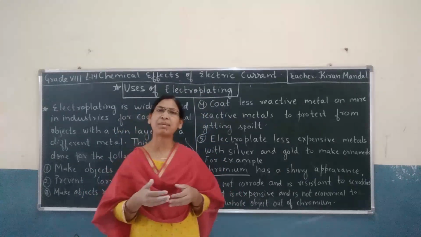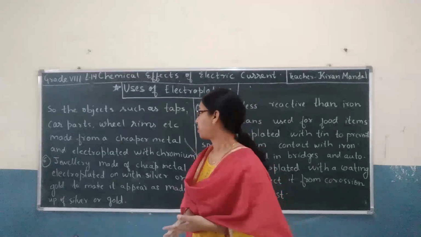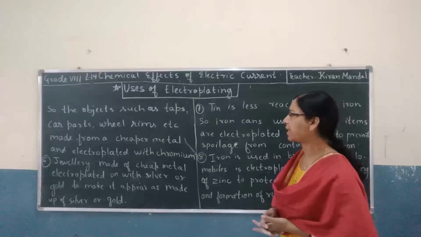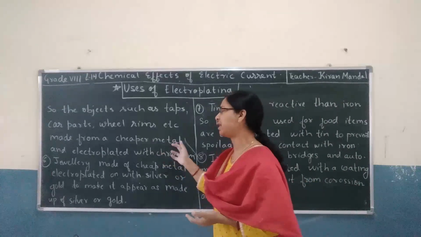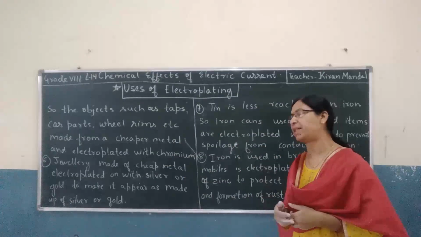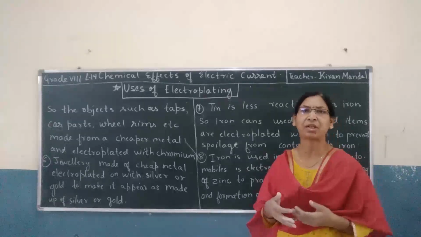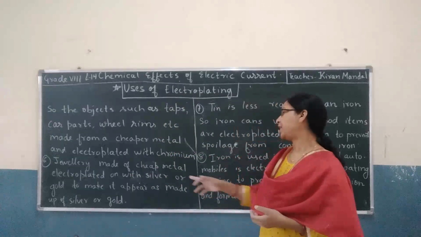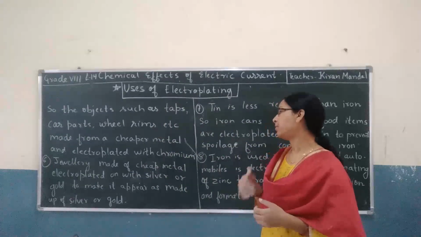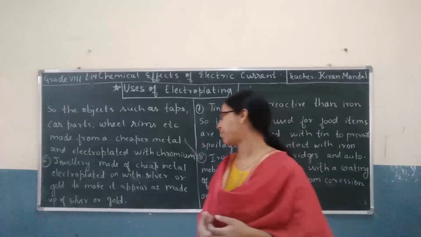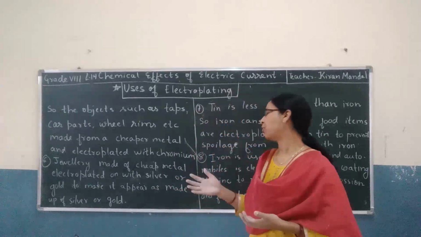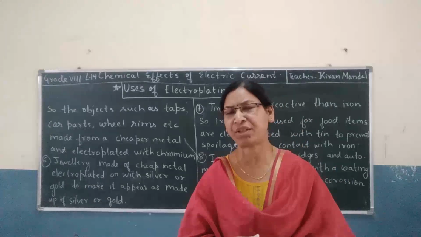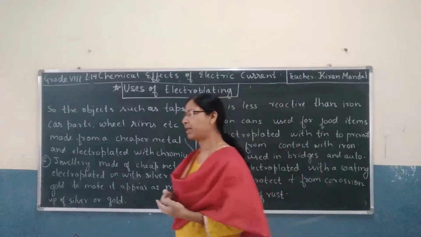So we have to follow some other method. Objects such as taps, car parts, wheel rims, etc. are made from a cheaper metal and electroplated with chromium so that it looks expensive. Then jewelry made of cheap metal is electroplated with silver or gold to make it appear as if it is made up of gold or silver, and it gives a heavier or richer look to the jewelry.